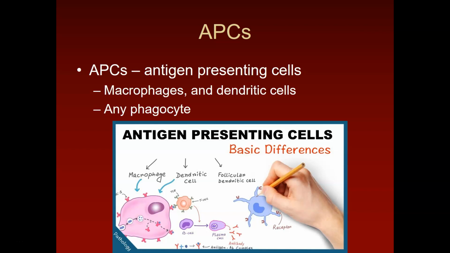Those would also count as antigen-presenting cells. Dendritic cells, we talked about those the first time last semester back in skin. Those are antigen-presenting cells that were found in the stratum spinosum moving around within the epidermis of the skin. Any of those cells that are running around looking for bad guys to eat, after they eat the bad guy, they're going to run and go tell mom that they just ate a bad guy.